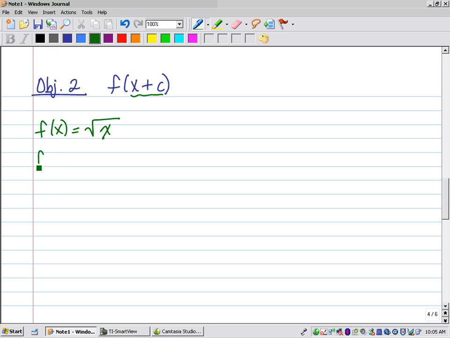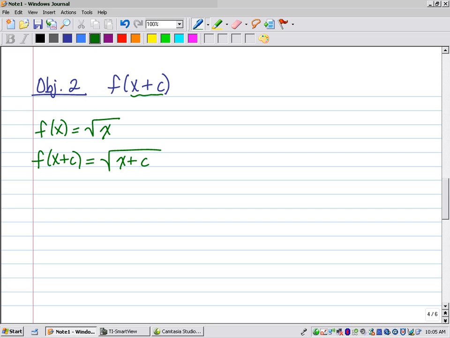What does f of x plus c mean to do? Well, this would mean that I'm going to replace the x with x plus c. So now that c value is actually being affected by that function rule.